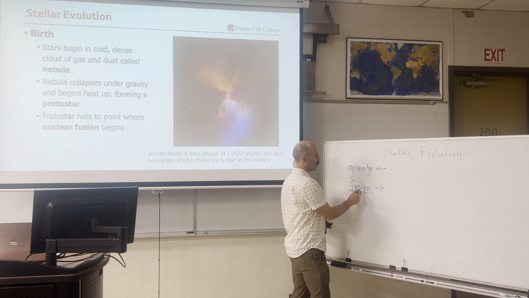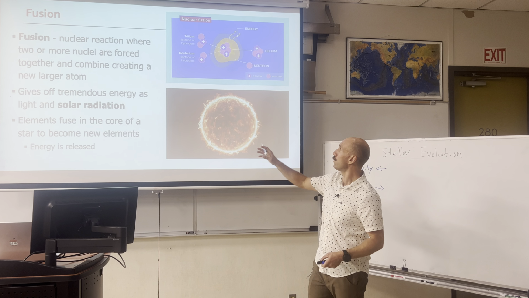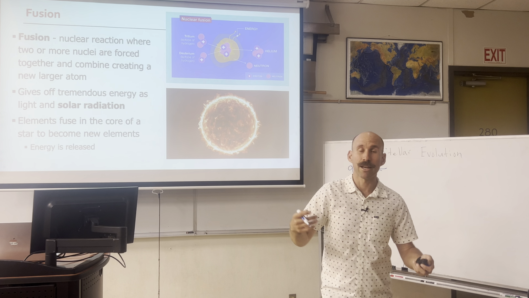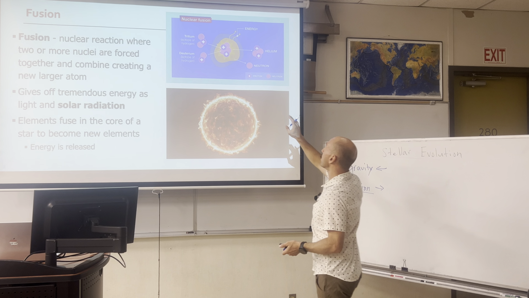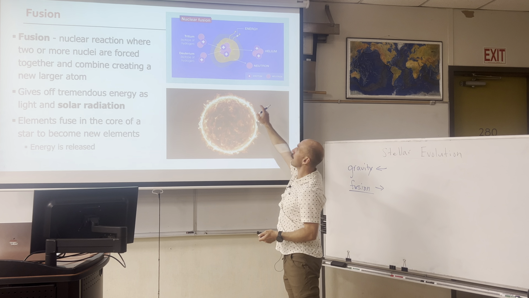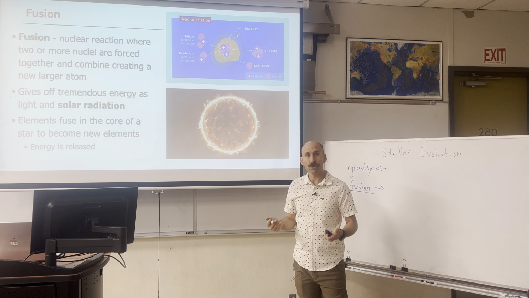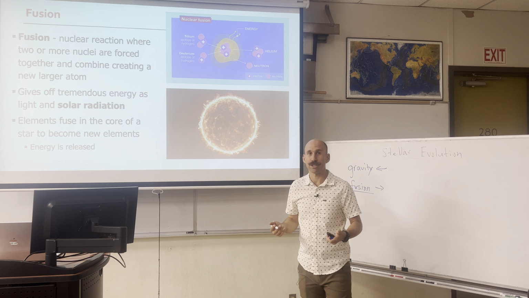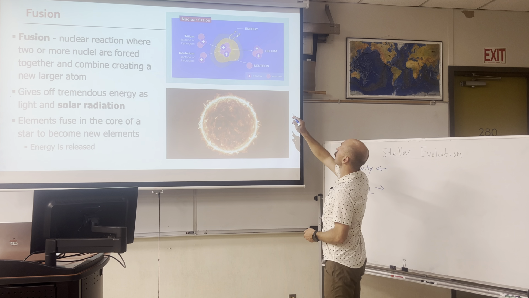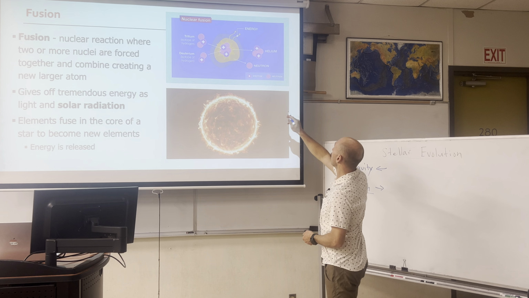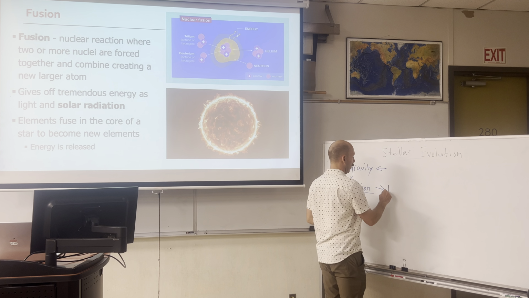Thermal nuclear energy begins nuclear fusion. And nuclear fusion is a nuclear reaction where two or more nuclei are forced together and combine, creating a new, larger atom, producing solar radiation. So essentially, you have hydrogen becoming forced together and fusing to become helium.